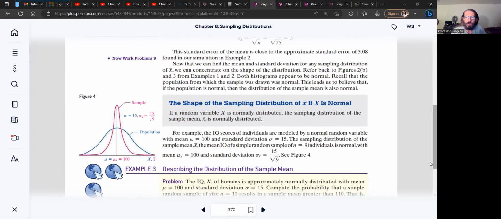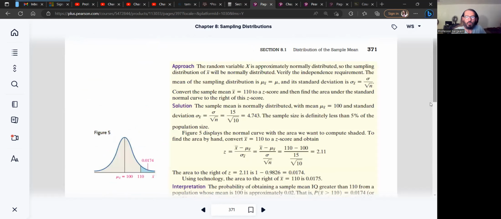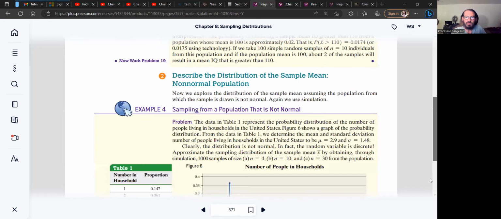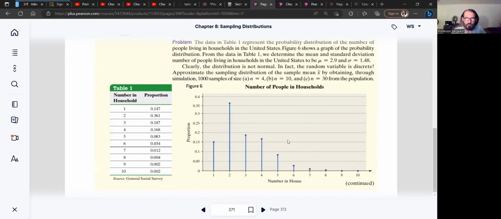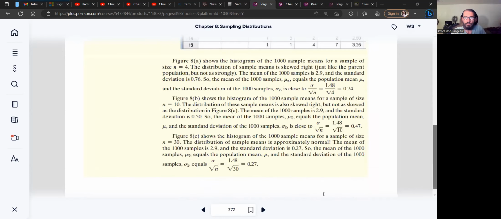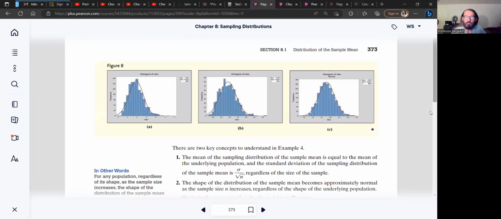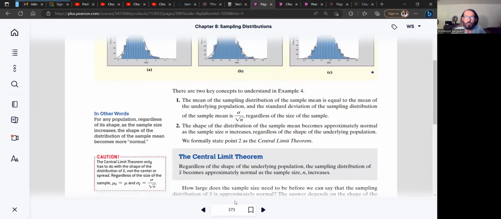However, if it was in the population normally distributed to begin with, then we already have that the sampling distribution of X bar will be normally distributed. Furthermore, the central limit theorem tells us that as you deal with increasing sample sizes, regardless of the shape of the original distribution, eventually, with larger sample sizes, the sampling distribution of X bar becomes approximately normal.